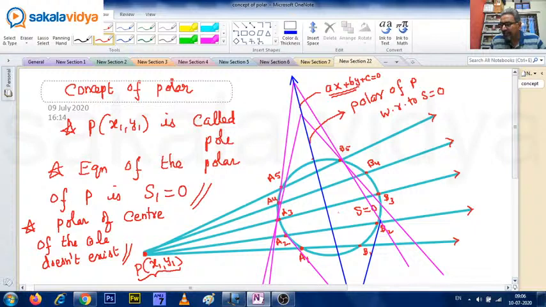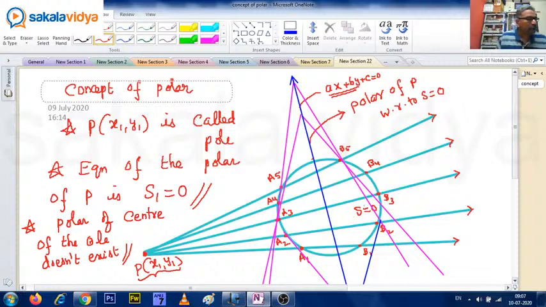As P lies outside, the polar passes through the inside of the circle. If P is on the circle, it will be on the circle. If P is inside, then the polar will be outside. The polar of the center of the circle is not defined. That's all.